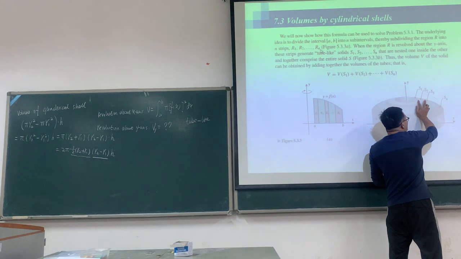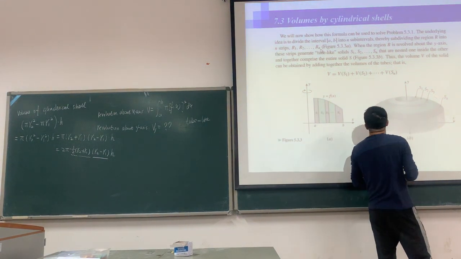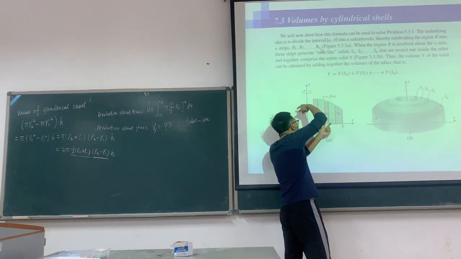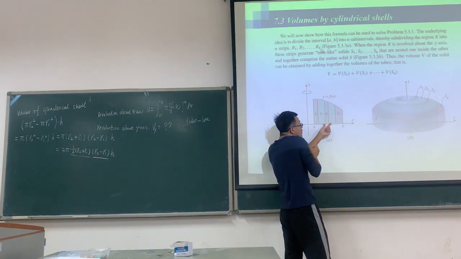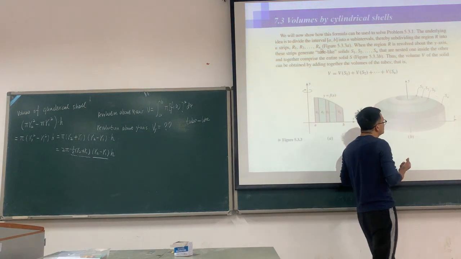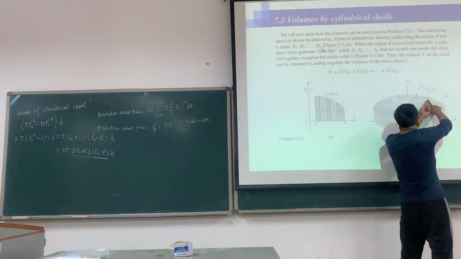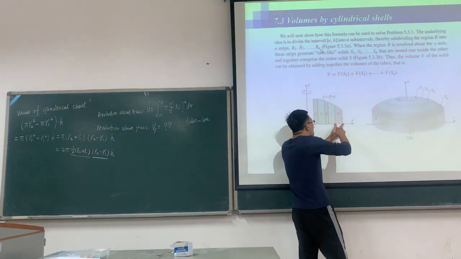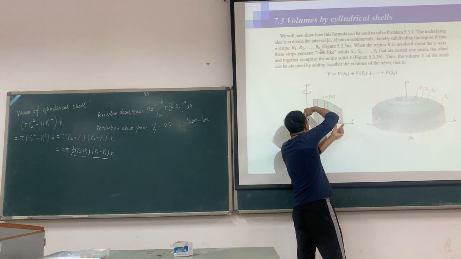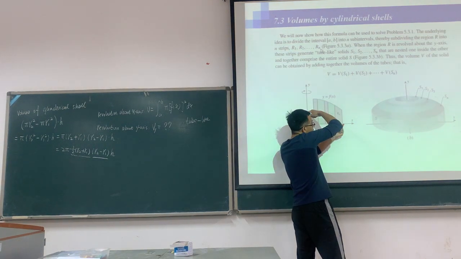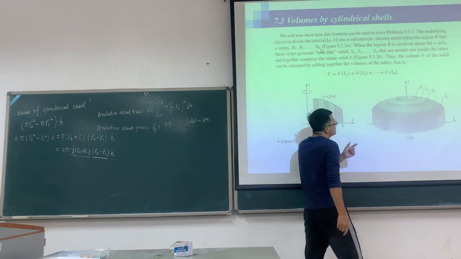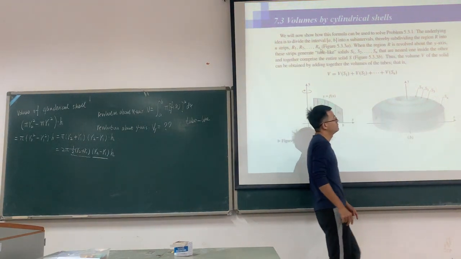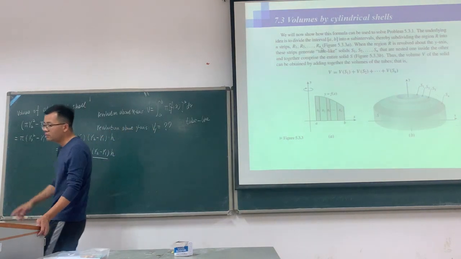R3 revolved about the y-axis gives the third tubular solid, S3. And the last one, Rn, revolved about the y-axis gives the last tubular solid, Sn.